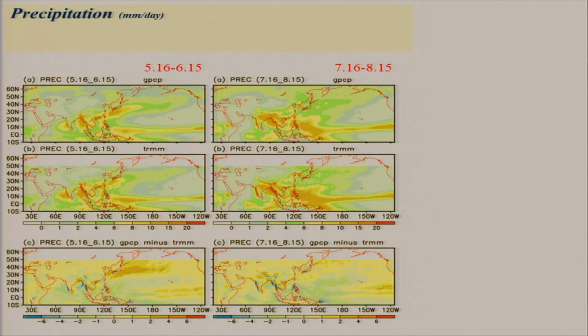The late summer corresponds to the monsoon onset over the WNP, and the Meiyu and Baiu front terminate.